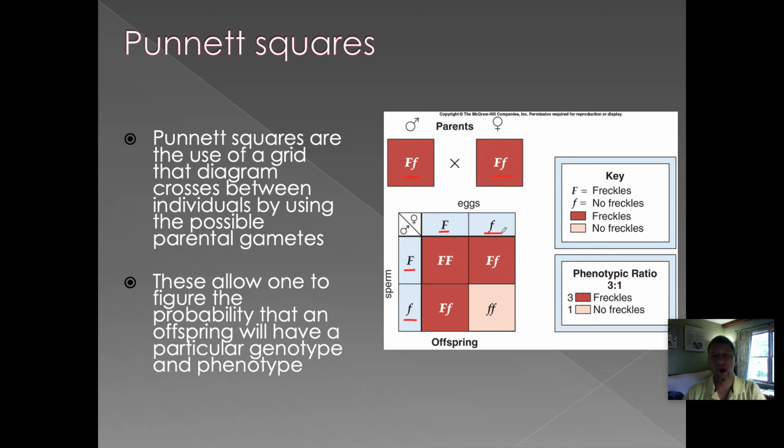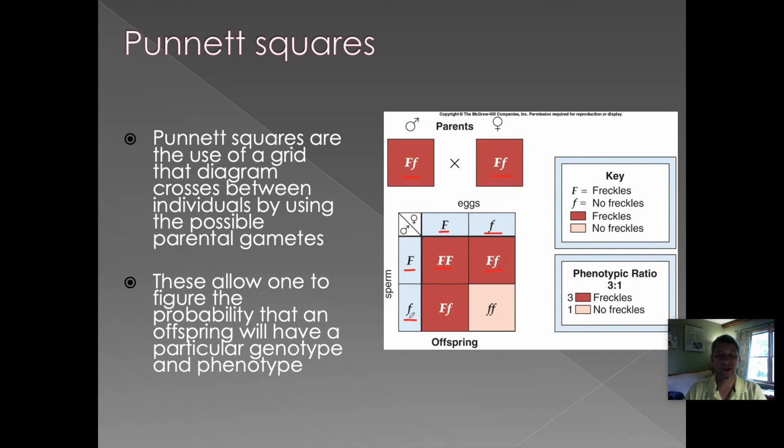So what's going to happen here? Well, first of all, both of the parents have freckles. Think about that, right? Because both of them contain that dominant allele. Now, if the dominant egg and the dominant sperm get together, we end up with a homozygous dominant offspring, and so this child will have freckles. If the dominant sperm and the recessive egg get together, we produce a heterozygous individual who will also have freckles.